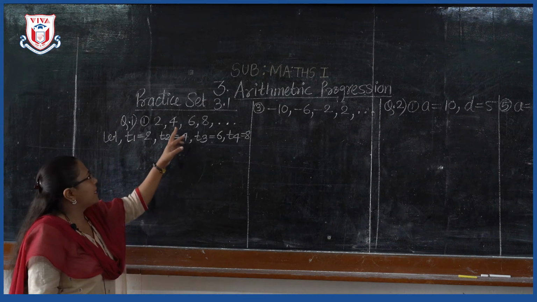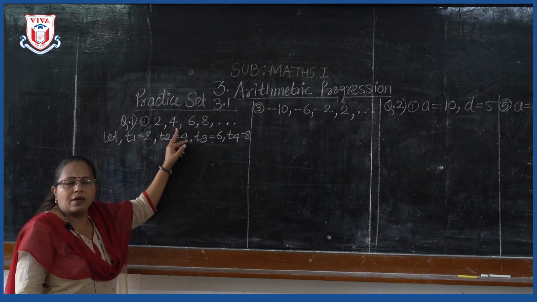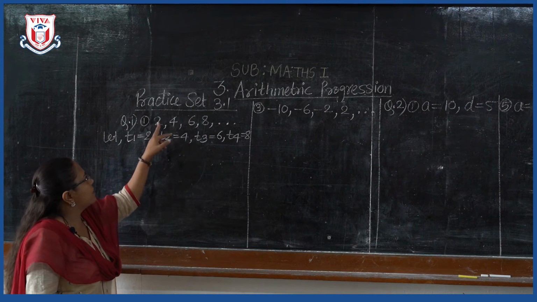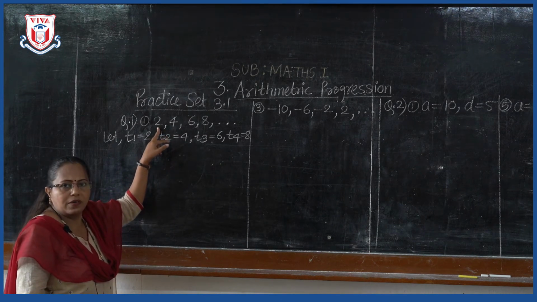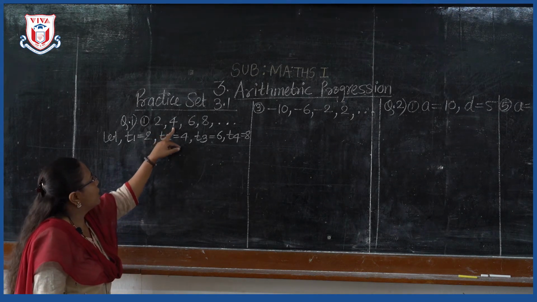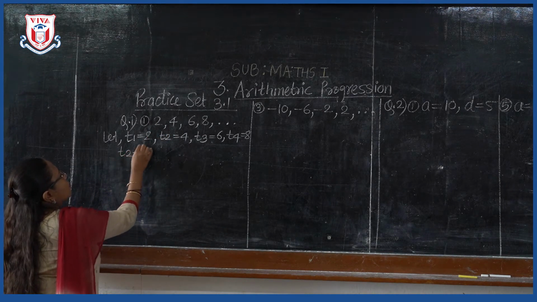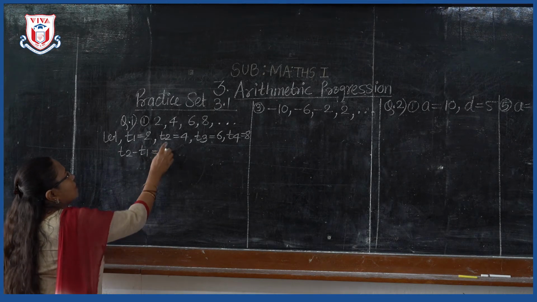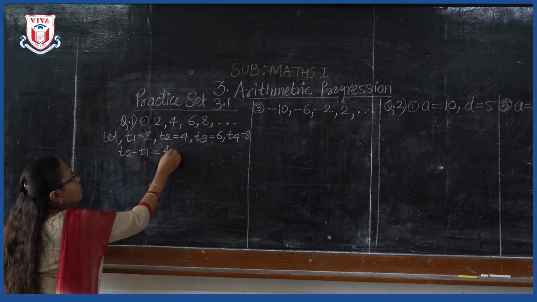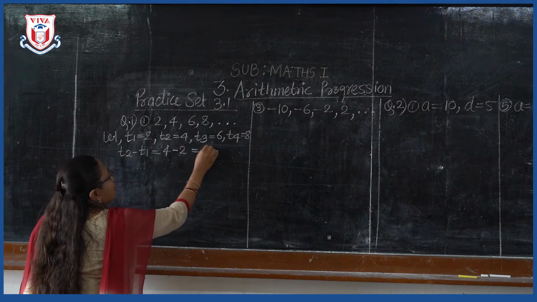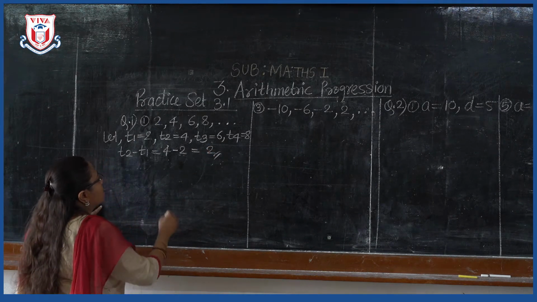Now to decide whether it is AP or not, we have to find the difference between consecutive terms. That means T2 minus T1, 4 minus 2 is 2.